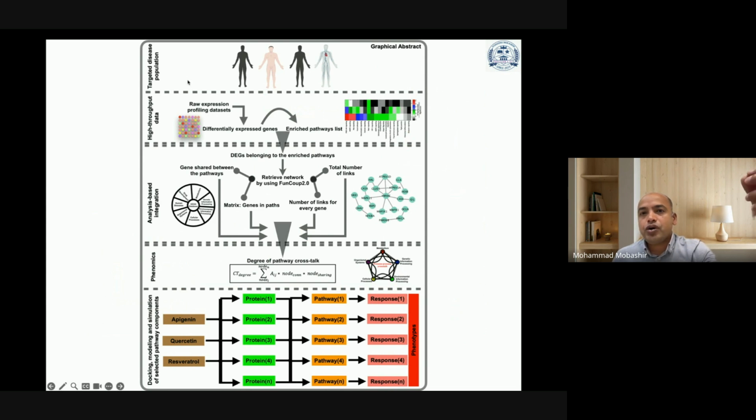So let's say if you want to discuss in terms of a graphical abstract: targeted disease, you can select high throughput data, then go for the processing for analysis and integration of the data, then go for phenotype prediction. And finally, I have also included some more things, like docking and MD simulations, and also mathematical modeling of signaling pathways coming in this stage.